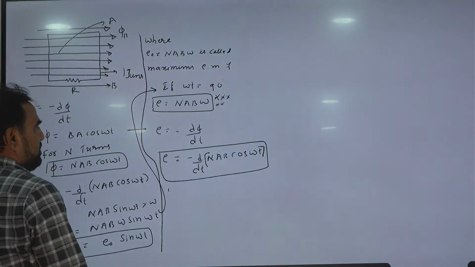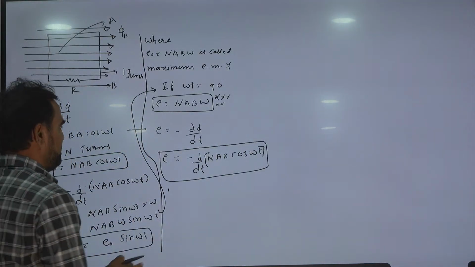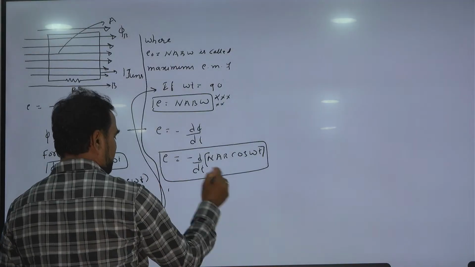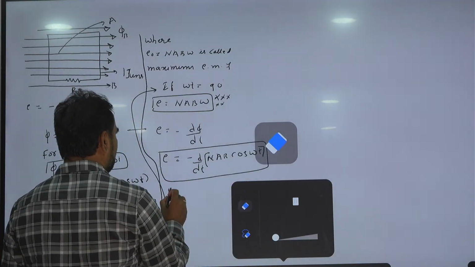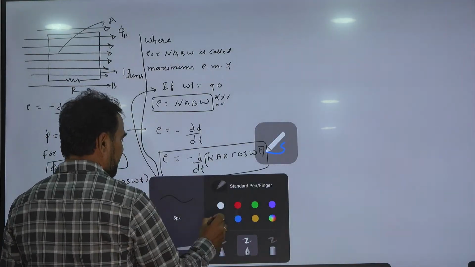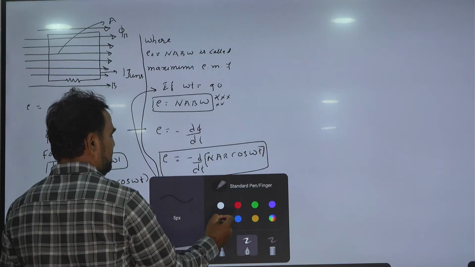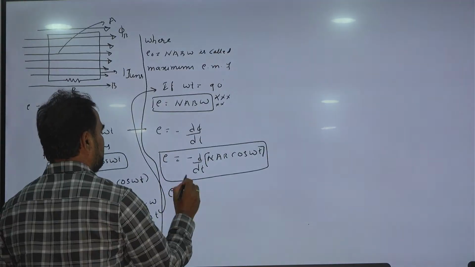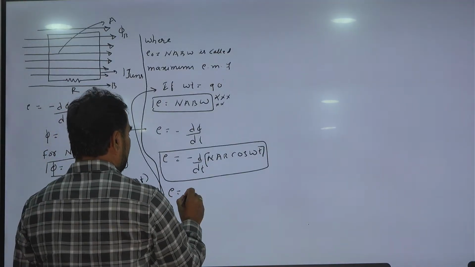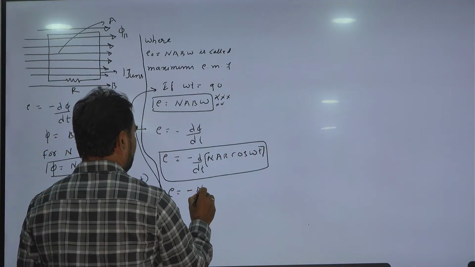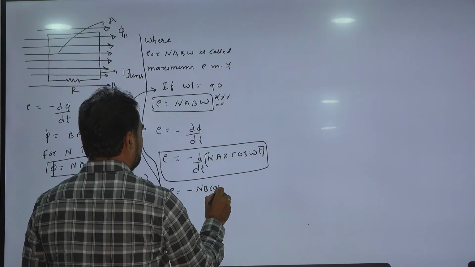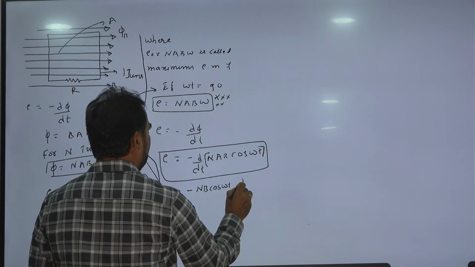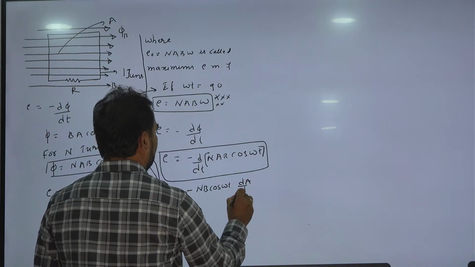Suppose if the A changes, then the remaining terms are treated as constants here, that is E is equal to minus NB cos omega t into dA by dt.